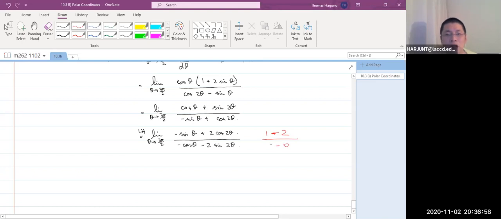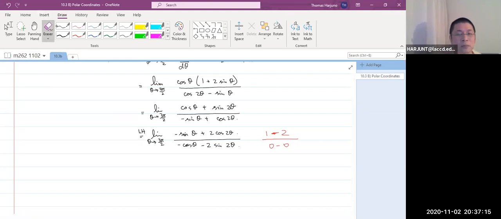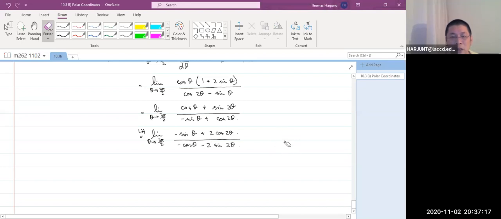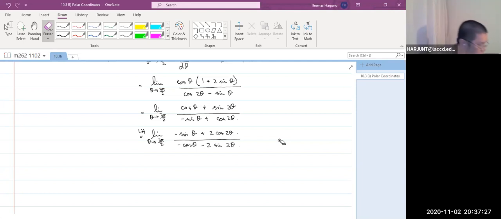This is 0, right? It gives me something over 0. I don't like that. But at least it's something over 0. So something over 0, either it's positive infinity or negative infinity. That's all right.